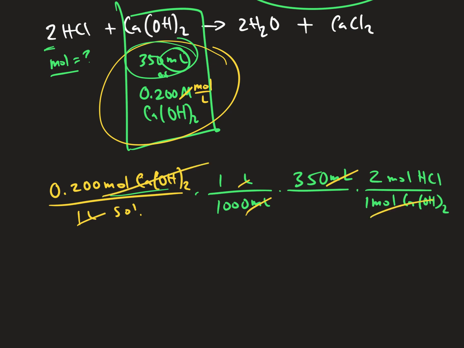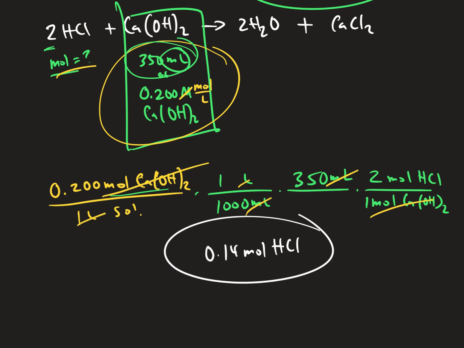Calcium hydroxide goes away. We're left with moles of HCl. That's what we're looking for. We're done. Other than we multiply and divide, and we should get 0.14 moles of HCl. Were you able to get that one? Okay. So that's just a one step up.